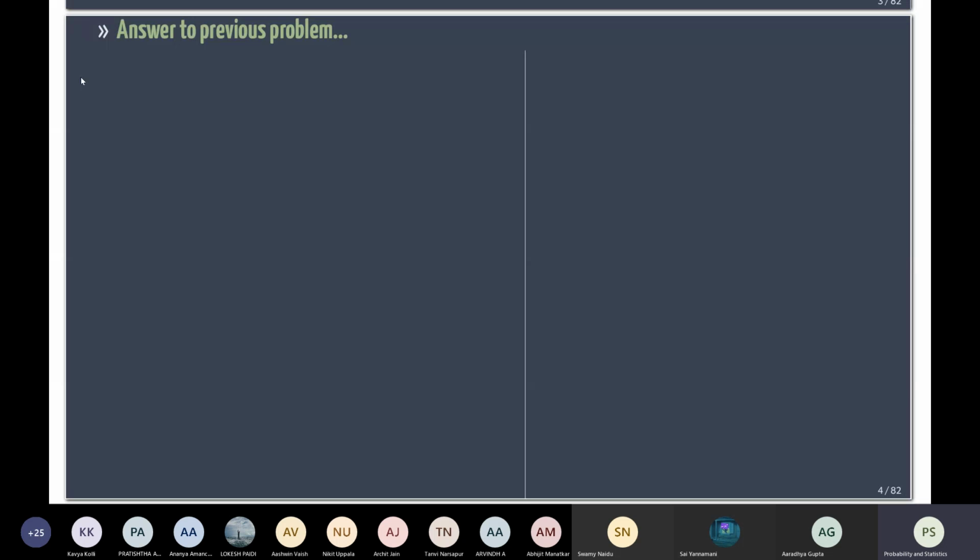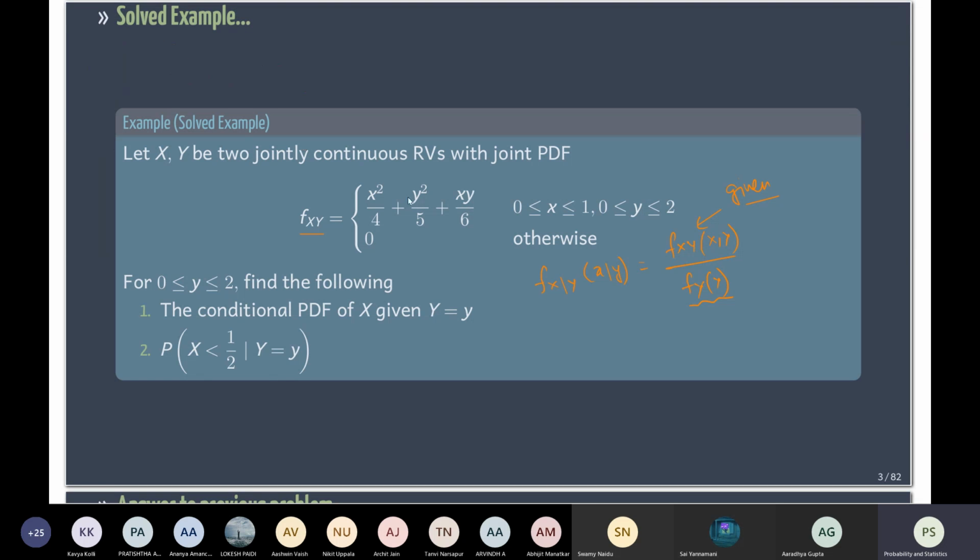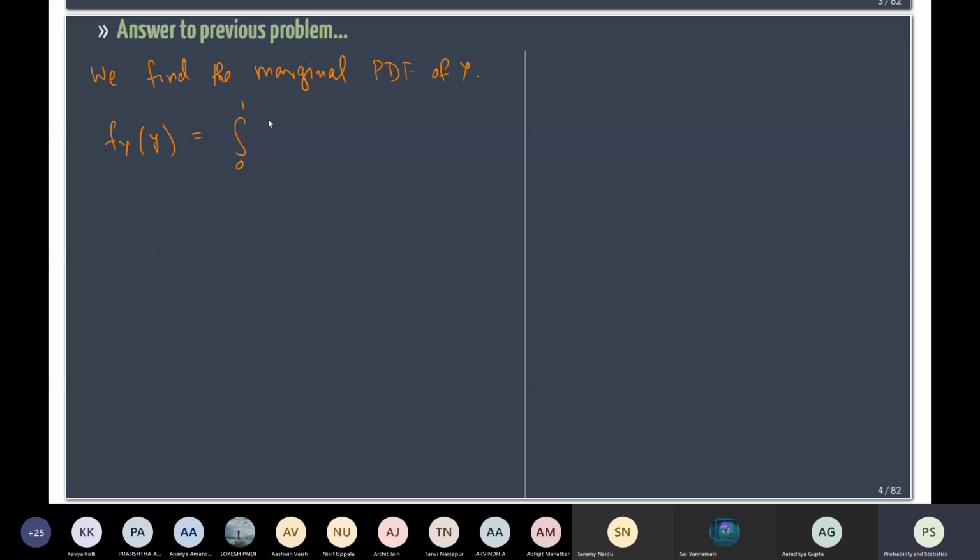So we find the marginal PDF of y, denoted by f_Y(y), and this is the integral from 0 to 1 of x squared by 4 plus y squared by 4 plus xy by 6.